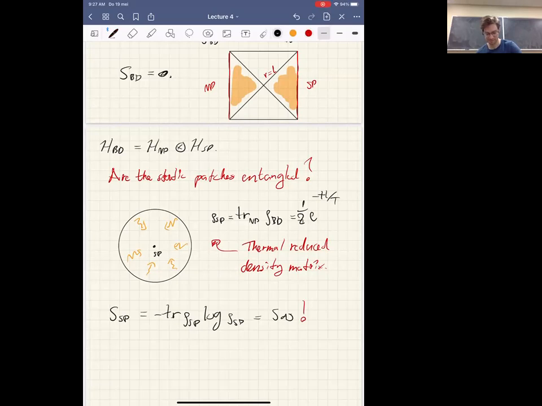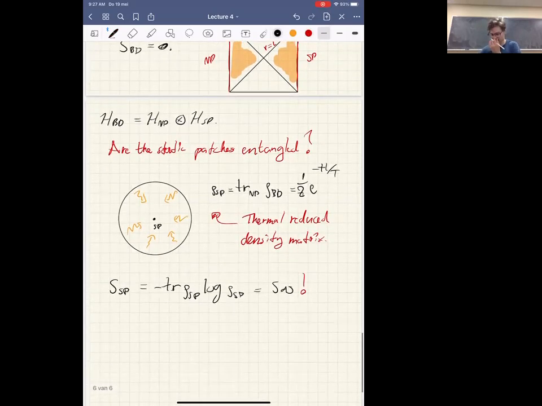Exclamation mark. Okay, so what does that mean? Well, it means that we can really think of the de Sitter entropy as e to the S_dS entangled qubits.